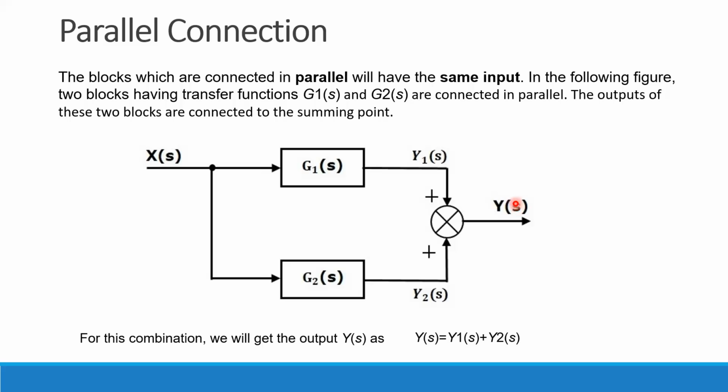So you know that Y of S will be equal to Y1 plus Y2. That is the output we get from this parallel combination, where G1 and G2 are in parallel with each other because their outputs are different.